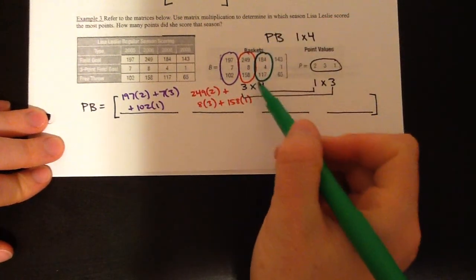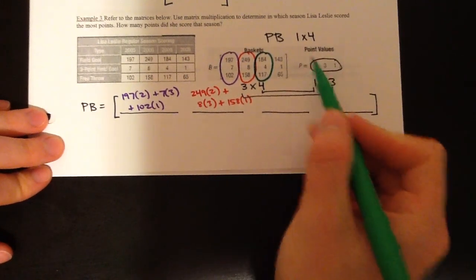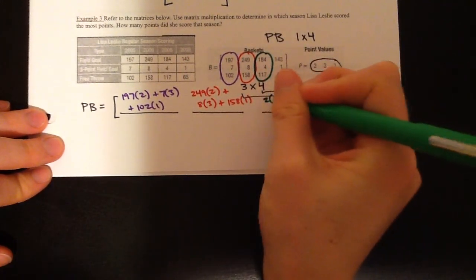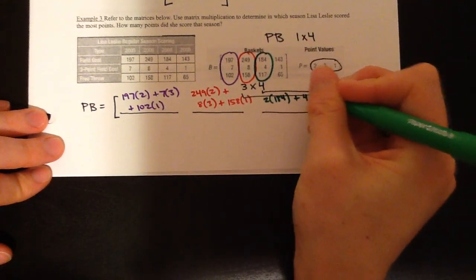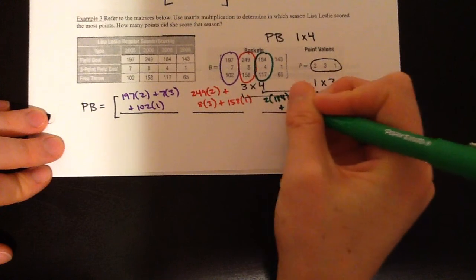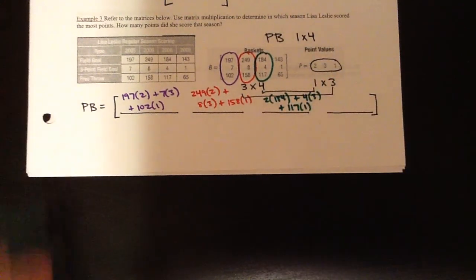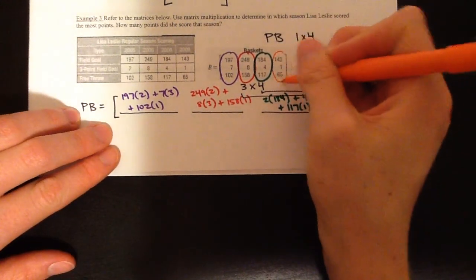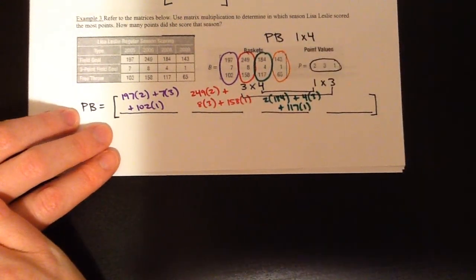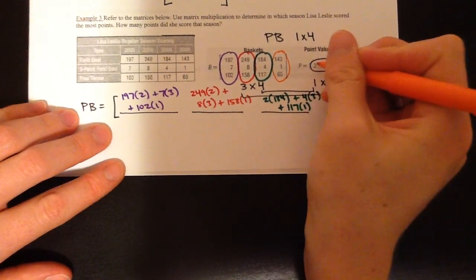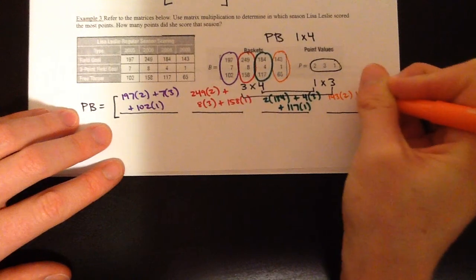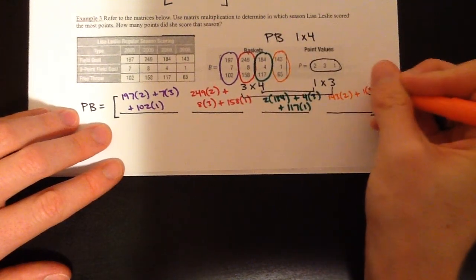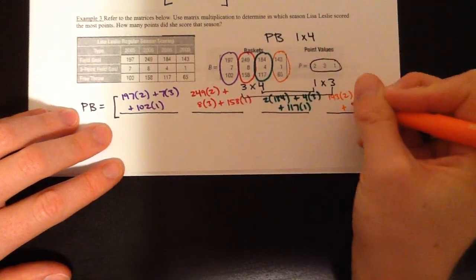We're multiplying this column times this row, so 2 times 184 plus 3 times 4 plus 117 times 1. All right, and then finally, move to my last column right here. This column represents her points in 2009, and then again, times this row. So 2 times 143 combined with 3 times 1 combined with 65 times 1.